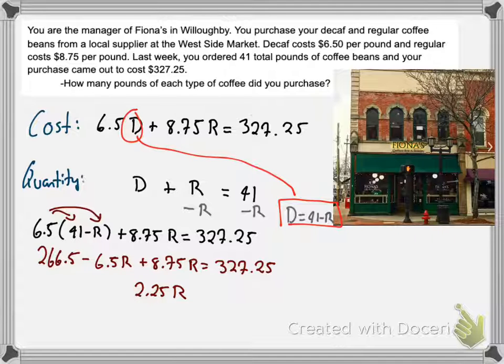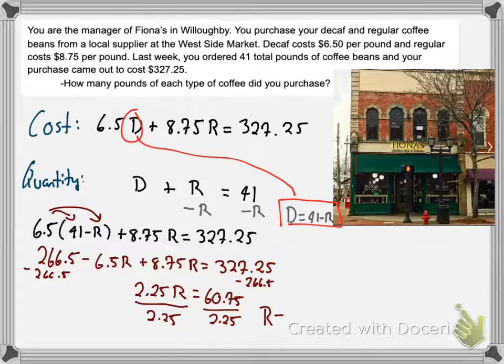I'm also going to subtract the 266.5 on both sides, and that's going to give me 60.75. My last step from here is to divide both sides by 2.25, and I'm left with R equals 27.